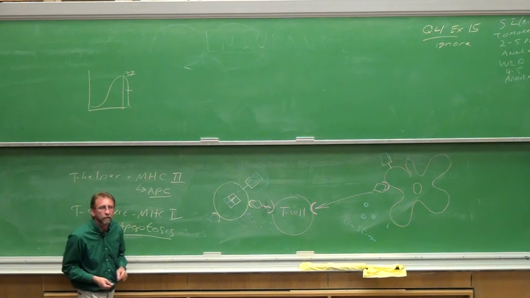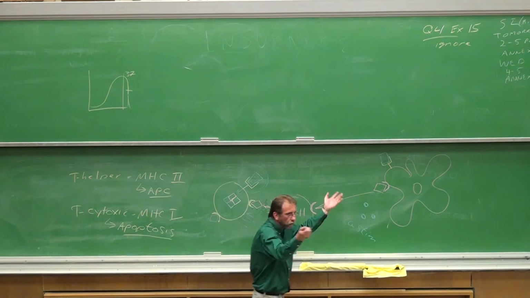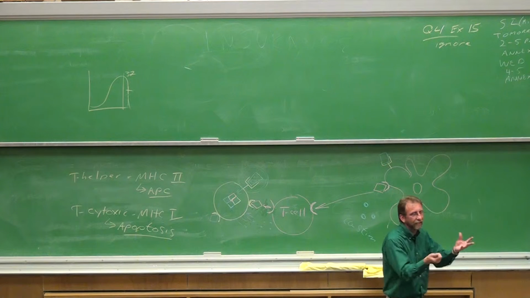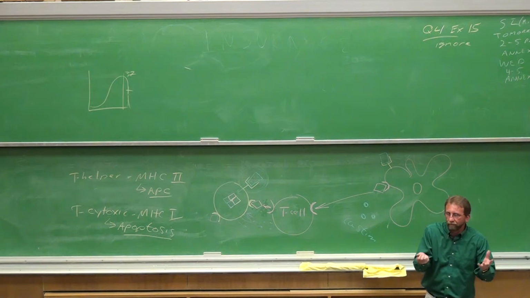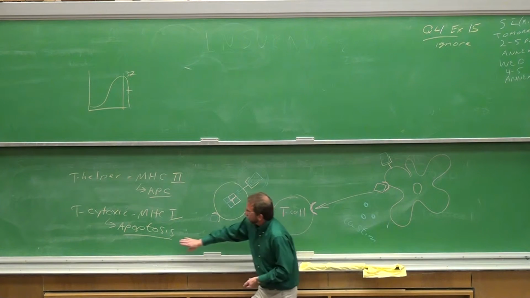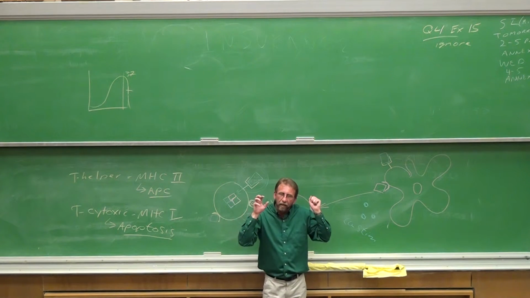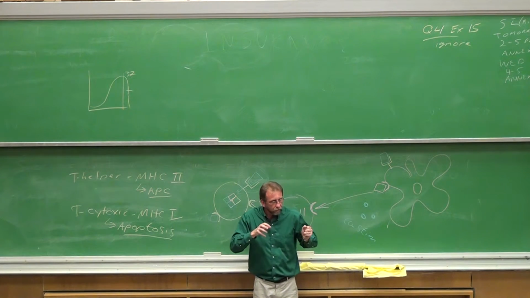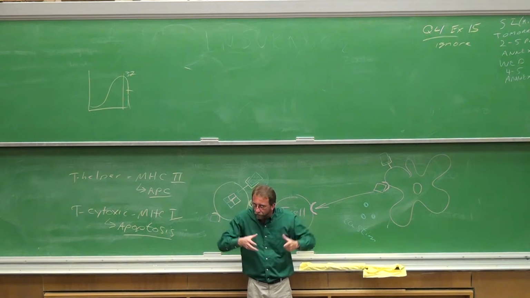Remember me mentioning that? We don't want the cell to explode, lyse, rupture, because if it is filled with bacteria or viruses, we don't want those to spread into the circulatory system. So in this way, cytotoxic T cells release their chemicals and they cause the cell to destroy itself from the inside.